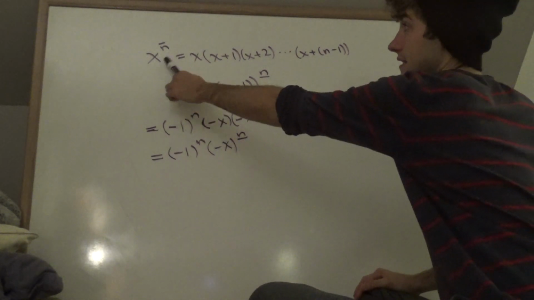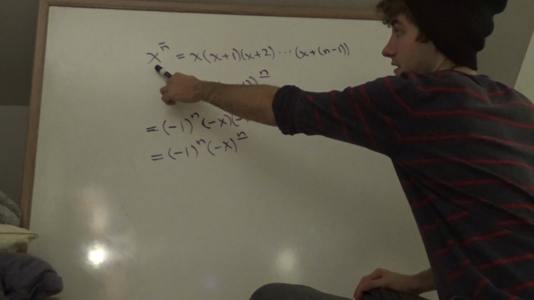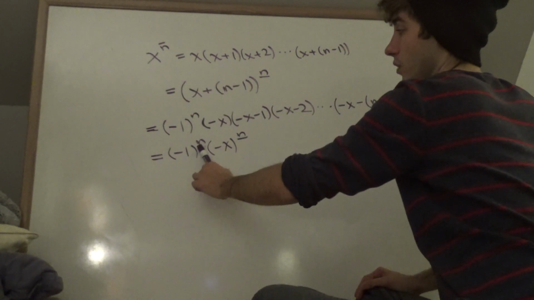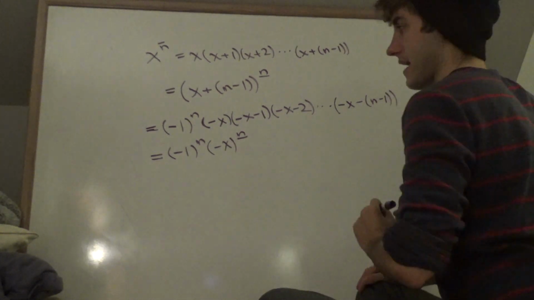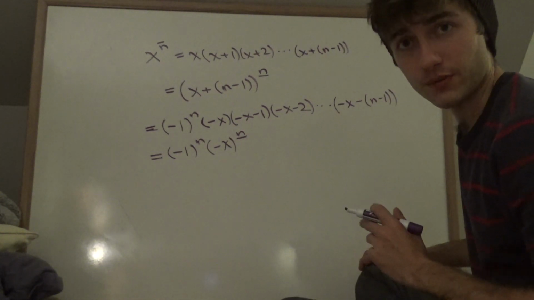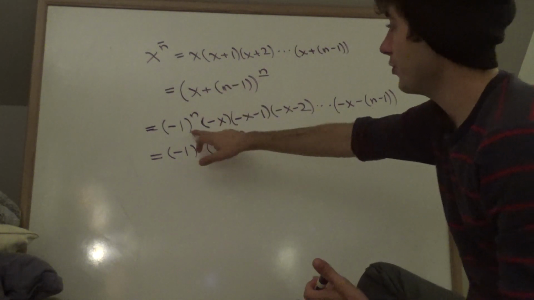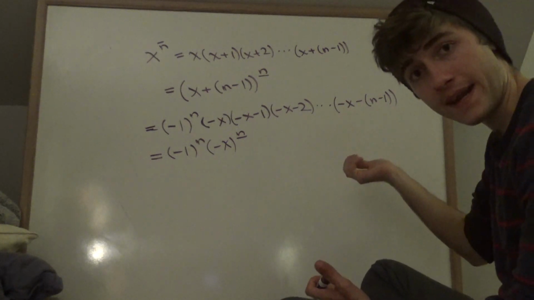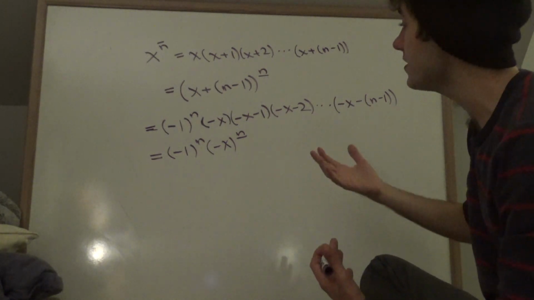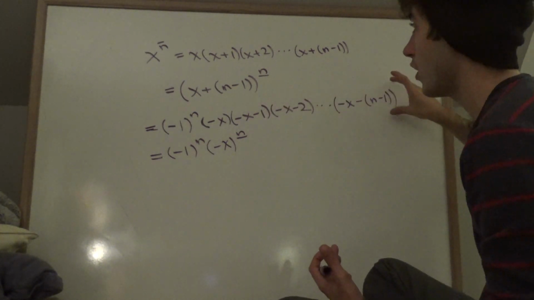So the nth rising factorial of x is negative 1 to the power of n times the nth falling factorial of negative x. So that's kind of an interesting relationship, right? All we did was multiply by n negative 1s and then also multiply each of the n terms by negative 1, thus canceling out the negative 1s, and then considering this as a falling factorial.